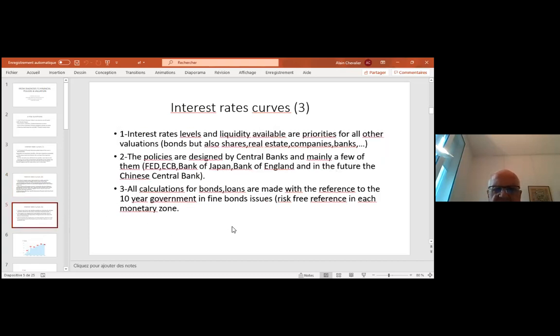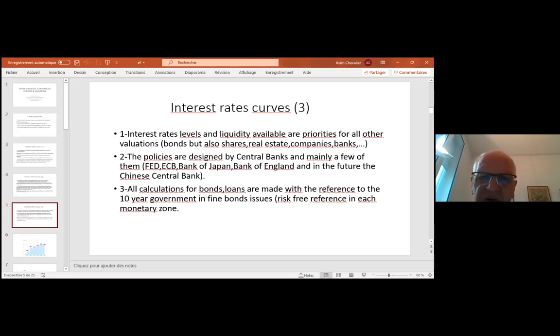Now, if we try to understand what it means, today interest rate levels and liquidity available to the banks and other markets are priorities for all valuations: for bond valuation, for share valuation, for real estate valuation, companies, banks, any kind of asset, any kind of player.